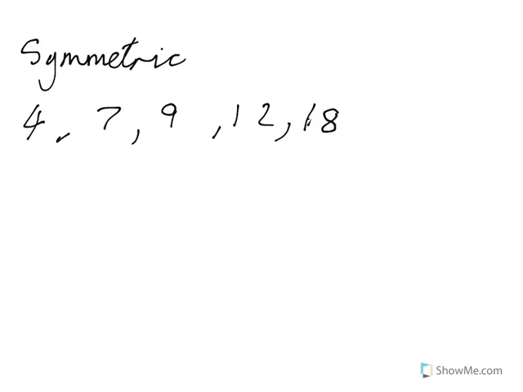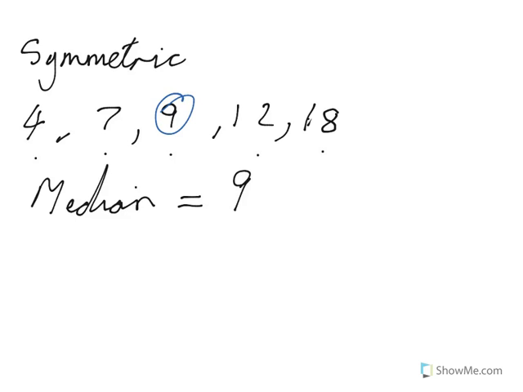So we've got 1, 2, 3, 4, 5 data points. The middle is that one there, so the median is equal to 9.